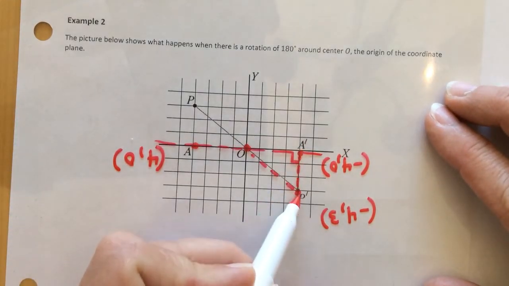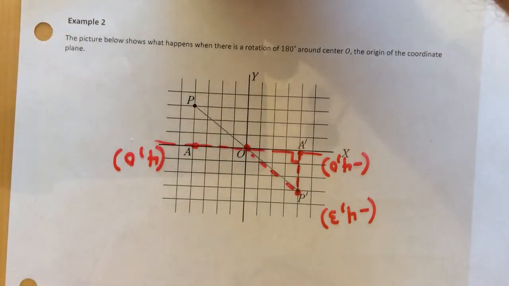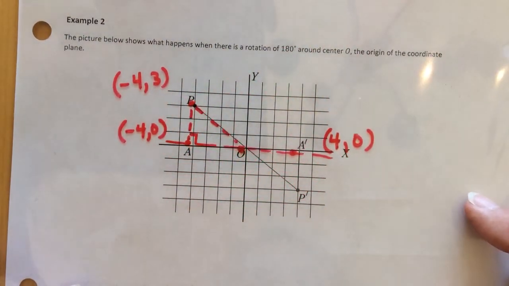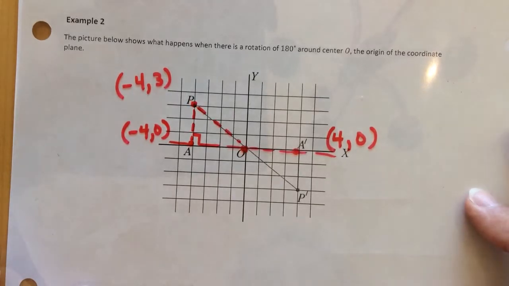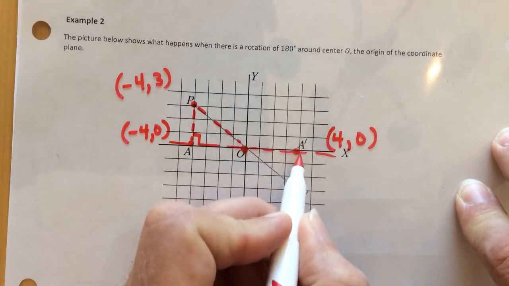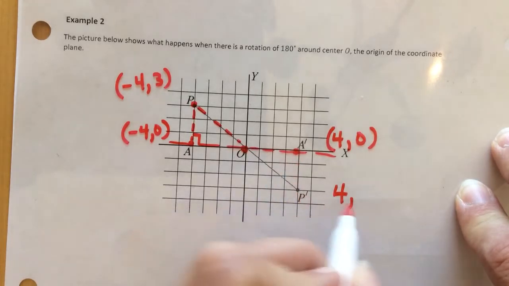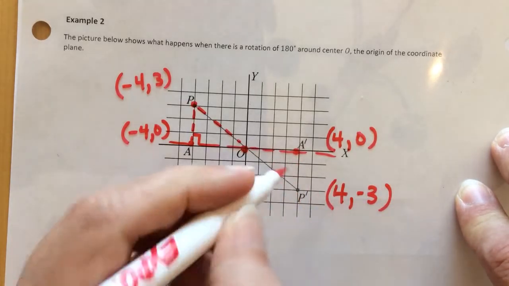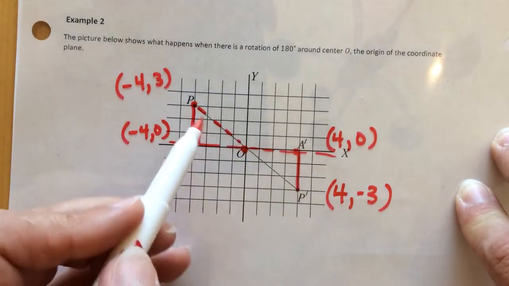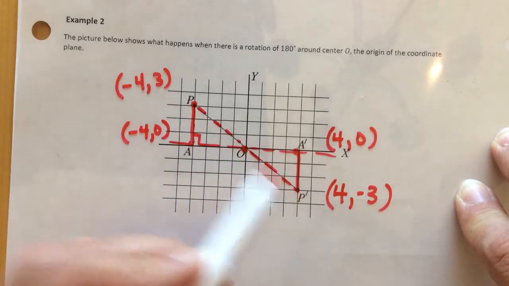I know that this distance and this distance have to be equal because distances are preserved in a rotation of figures like this. Therefore, for my point P prime, this distance has to be 3, and the x-coordinate has to be 4. So this is going to be (4, -3), because I know this distance and this distance have to be the same, coupled with the fact that these points are going to fall on the same line.